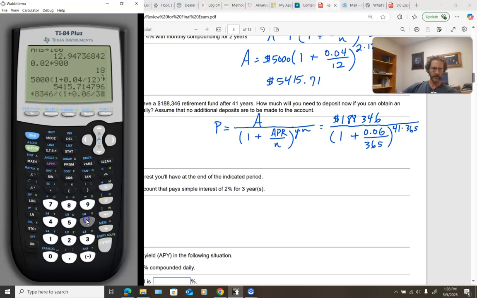I've got 365 days. Okay, those parentheses raise this to a power of 41 times 365. Now remember, on this one, we're looking for a value that's smaller. Okay. Well, this one is definitely smaller, and it's surprisingly smaller. You might even think, man, I wonder if I did this wrong.